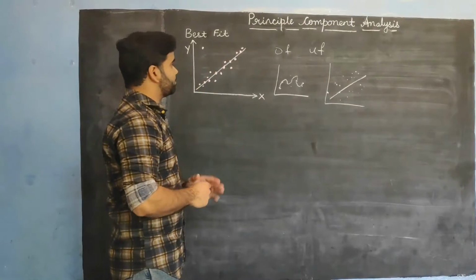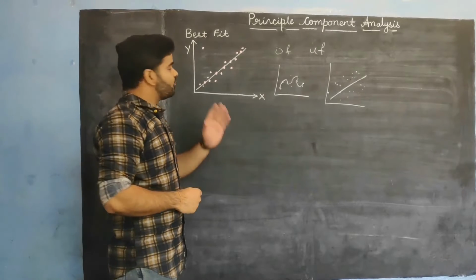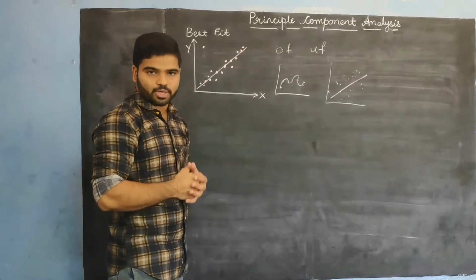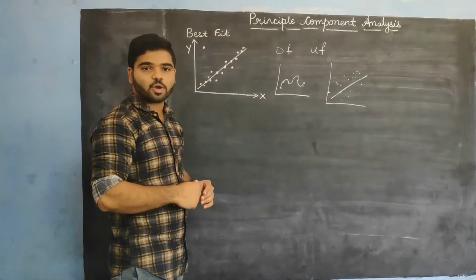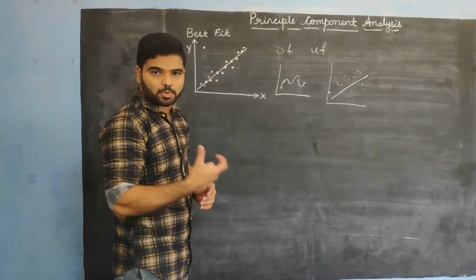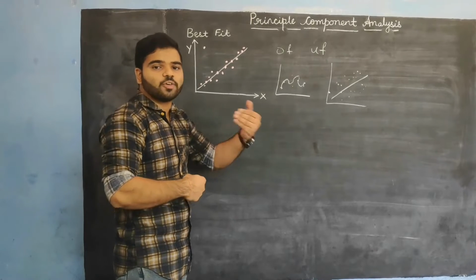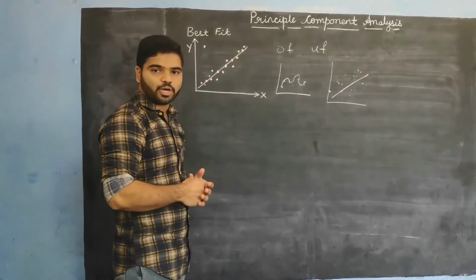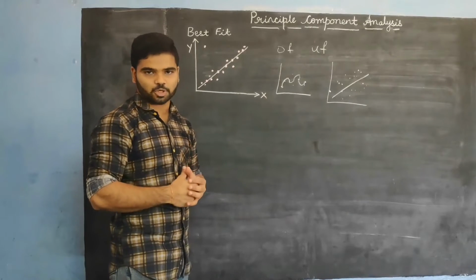So principal component analysis gives us the best fit with the help of the principal component. In this we are going to find the best principal component out of a number of principal components. So let us see what those principal components are and what the best fit principal component is.